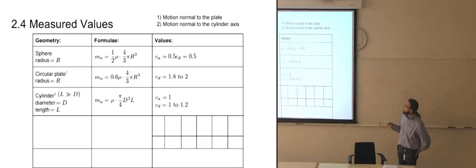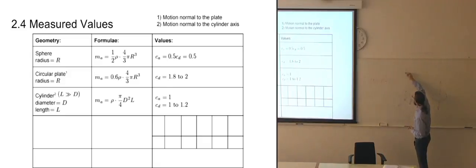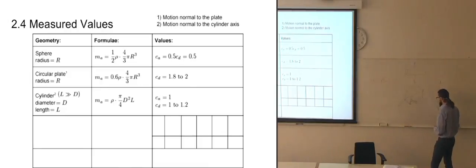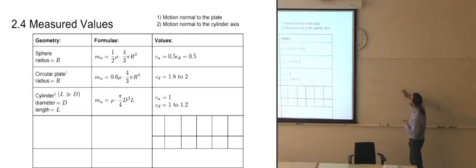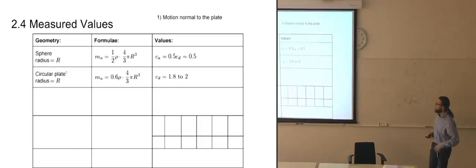So for a cylinder, where we have motion normal to the cylinder axis, that will be similar to the one we set up in the previous lecture. Where we have the motion going this way, and the axis of the cylinder going through there.